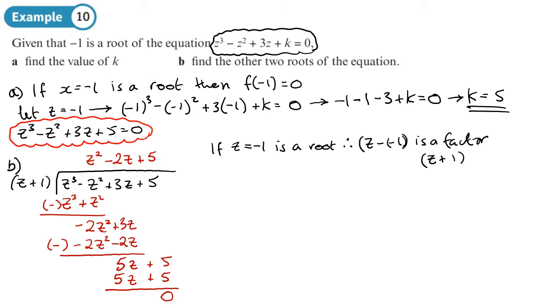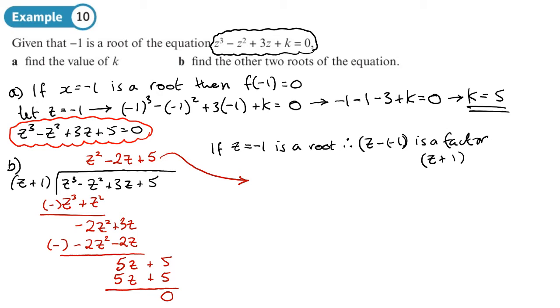So that leaves us with this quadratic, which we're going to use to find the other roots, and we can do that by completing the square, or we can use the quadratic equation. So I'm going to use the quadratic equation to work out what the other roots are.